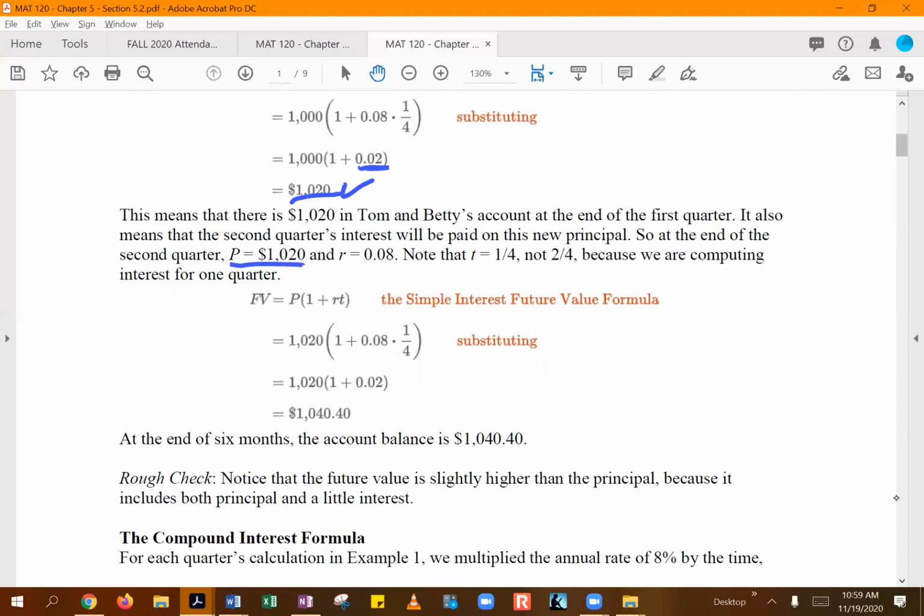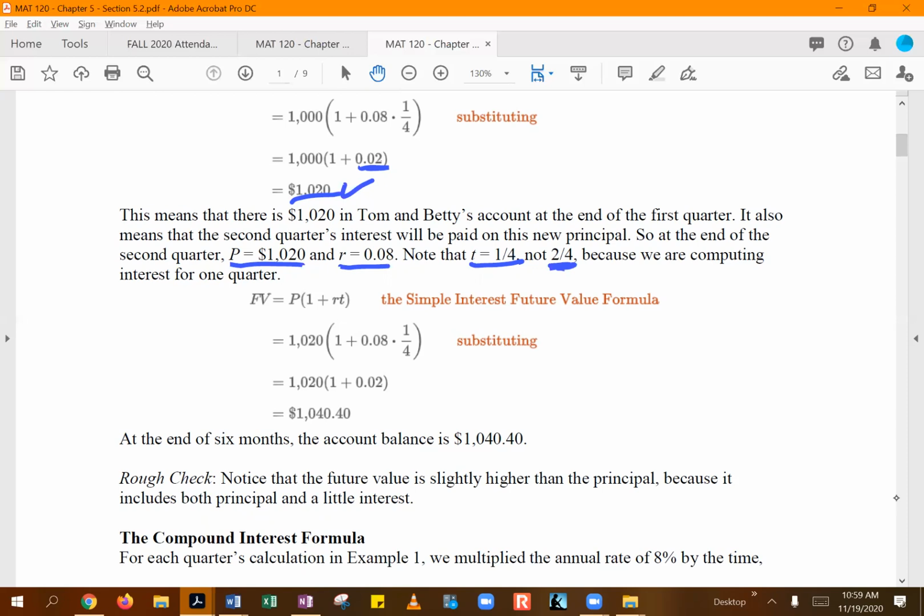Going into the second quarter, same rate of interest, but we are again only doing this for 1 quarter. So your time is still 1/4. It's not going to become 2/4, because we're again only calculating the interest for the next 3 months, and 2/4 would be half a year, which would be 6 months.